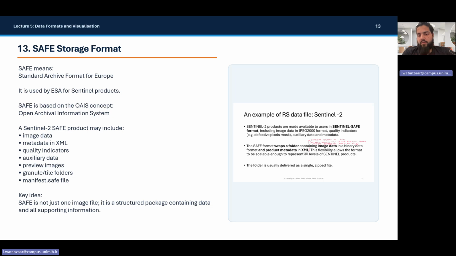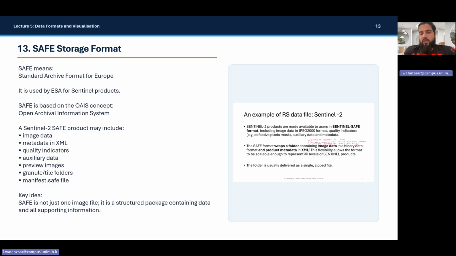It's information about the data, quality indicators, auxiliary data, preview images, granules and tile folders, and the manifest.safe file. So the key idea about the SAFE storage format is that it is not just a single file format or extension like the image formats we know, such as PNG or JPEG.